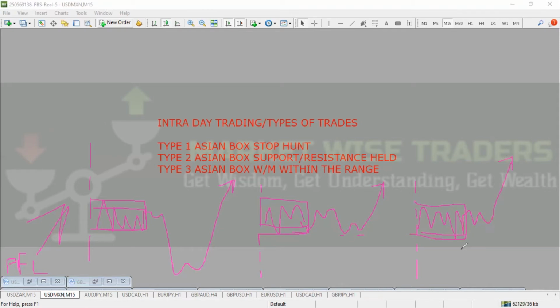This was the low of Asia. He did not meet it. Here he just matched the Asian low. Here he stop hunted, and then he went. So this is type 1, this is type 2, and this is type 3.